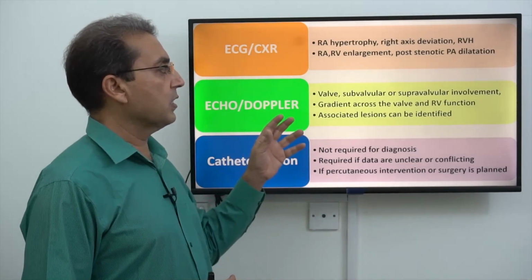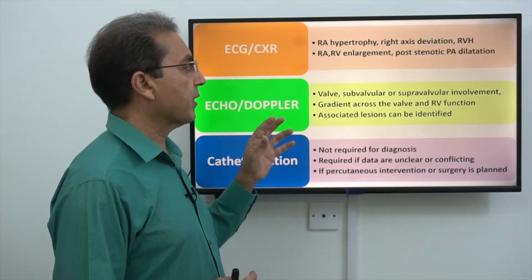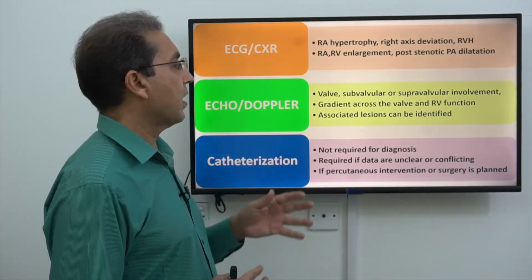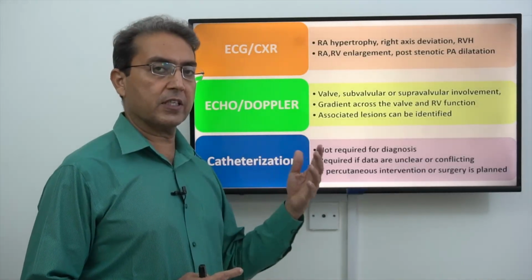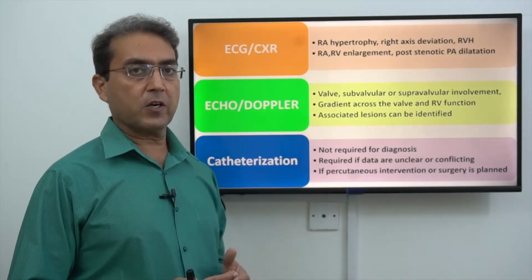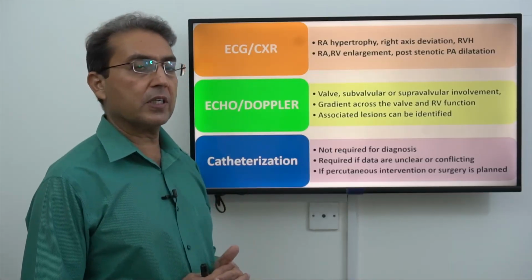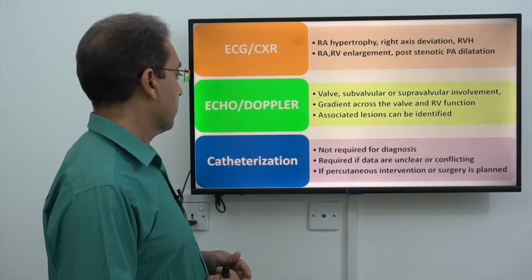The gradient across the pulmonary valve can be determined, and the function of the right ventricle can also be determined on echo, and one can identify associated lesions, whether there is an MS or an MR, or an aortic lesion, or other congenital lesions associated with this pulmonary stenosis.